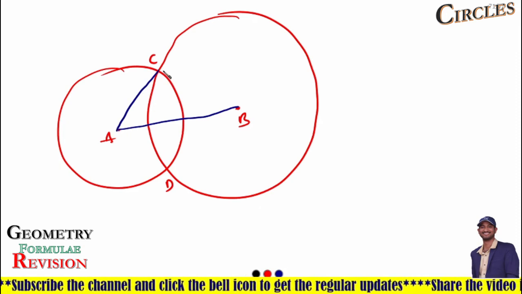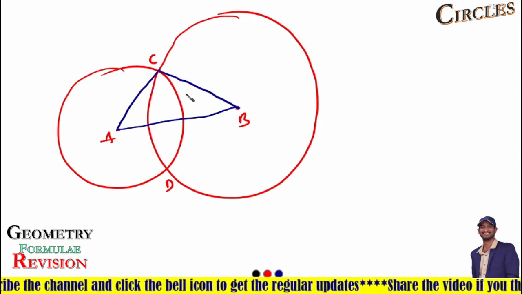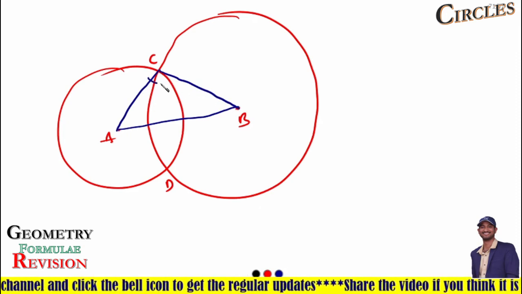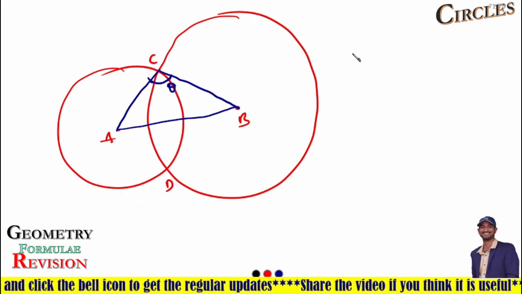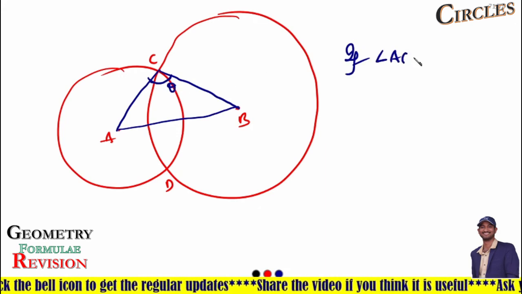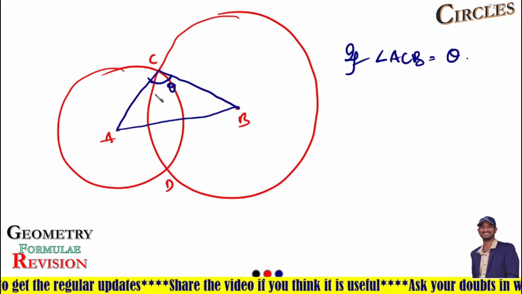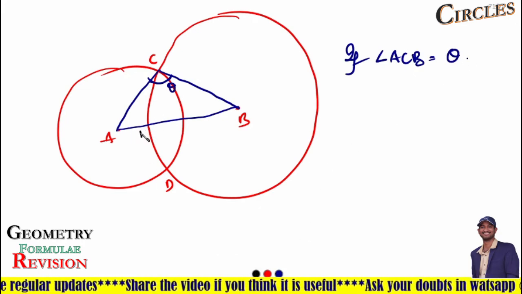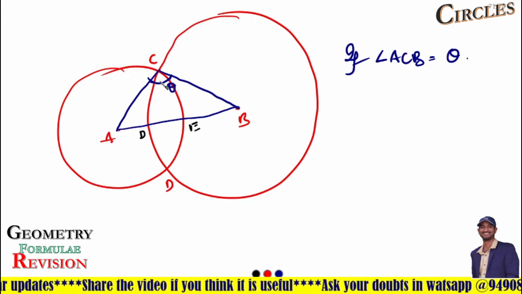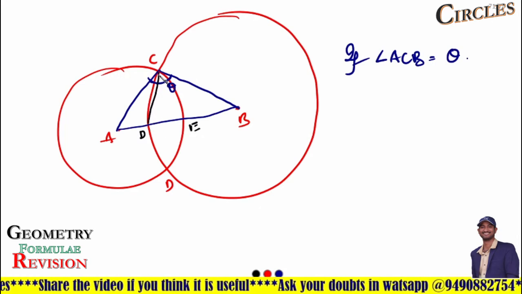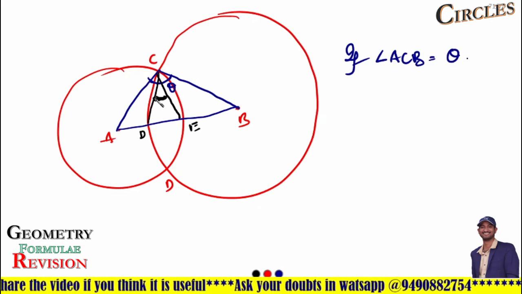The angle at the intersecting points is given as theta. This angle is theta. If angle ACB, the angle at the intersecting point, is theta, and suppose these are the points D and E, then angle DCE means this angle.